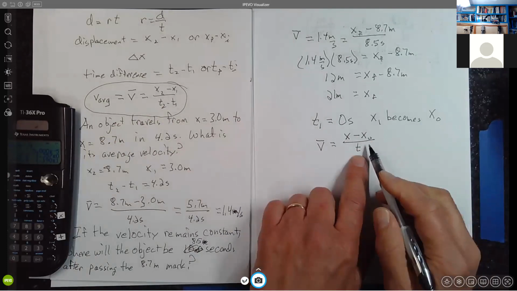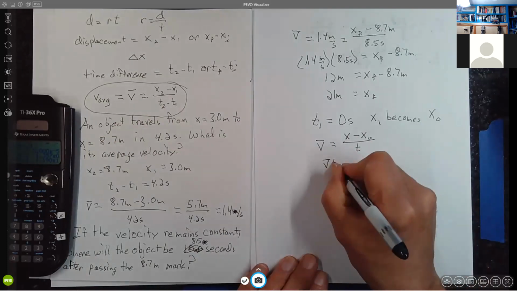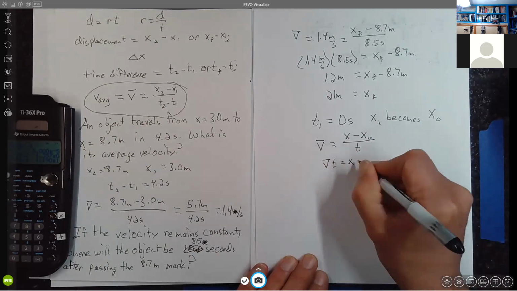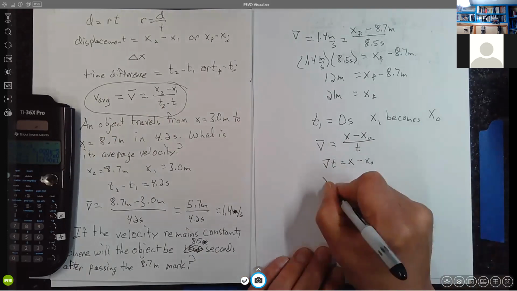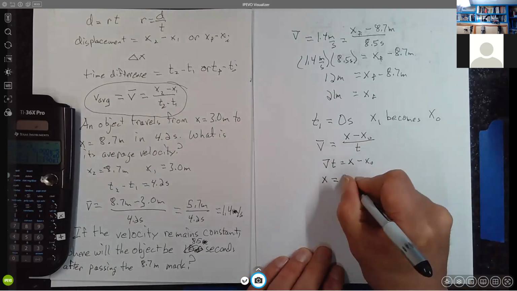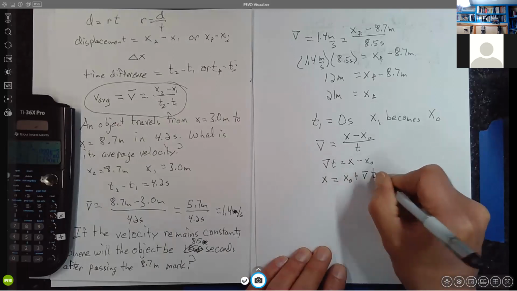And then if I multiply out from underneath by that, I get v average times t equals x minus x naught, or x is equal to x naught plus v average times t.